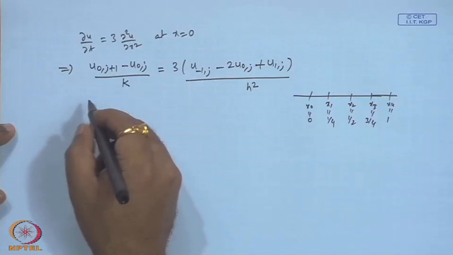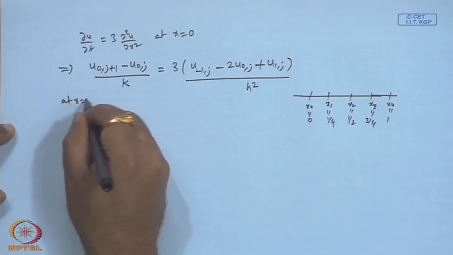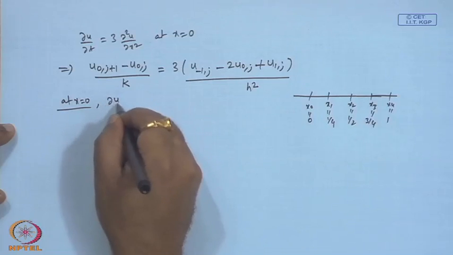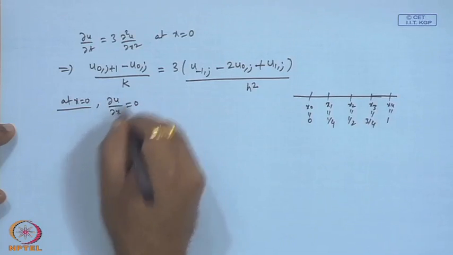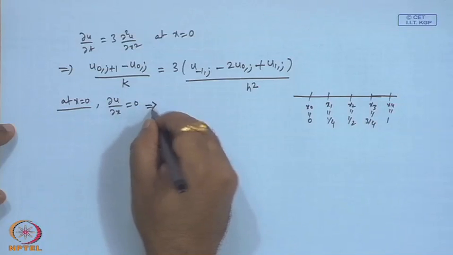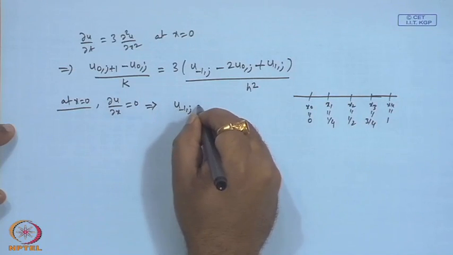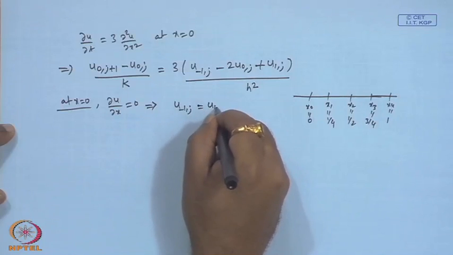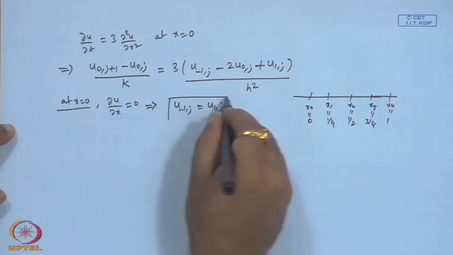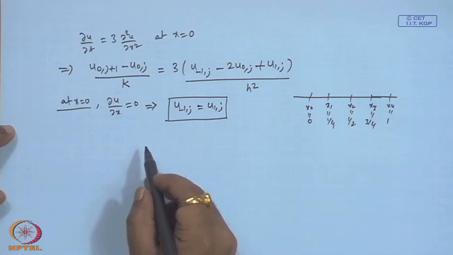So, now we have at x equals to 0, dou u by dou x is 0. So, this is our given boundary condition. So, this implies, right.